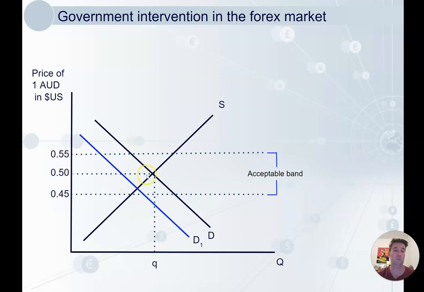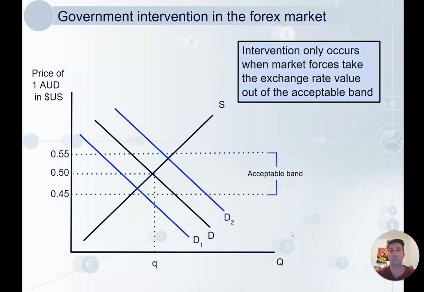So if a decrease in demand leads to a depreciation, that's fine. Not a big deal. If we get the appreciation from the increase in demand for the currency, that's also no big deal. So the intervention is only going to occur when we go outside of this acceptable band, right? And the interventions are exactly the same ones we saw earlier.